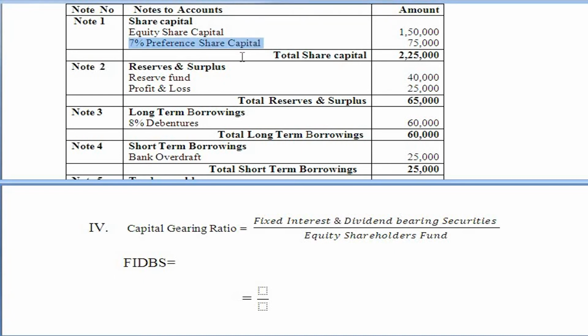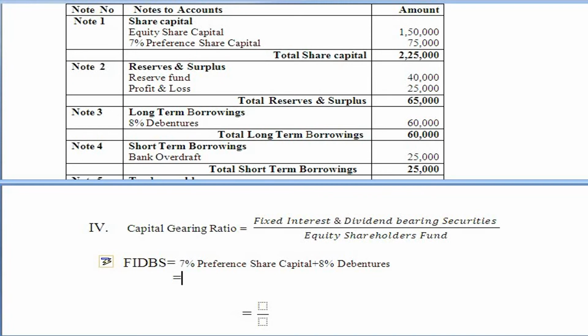So fixed interest and dividend bearing funds is equal to 7% preference share capital plus debentures, there is 8% debentures, so take this as well. Now check in the problem, are there any long term loans? No, there is only one long term borrowing, that is 8% debentures. Now take the value of both the items here.